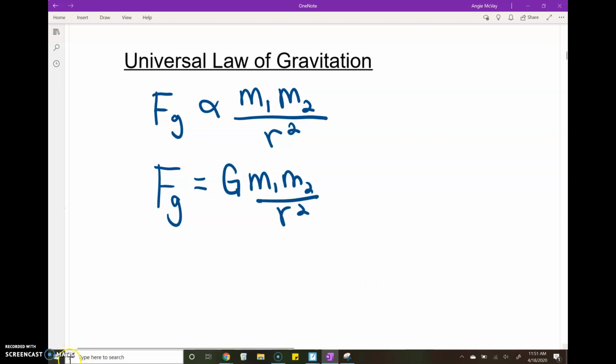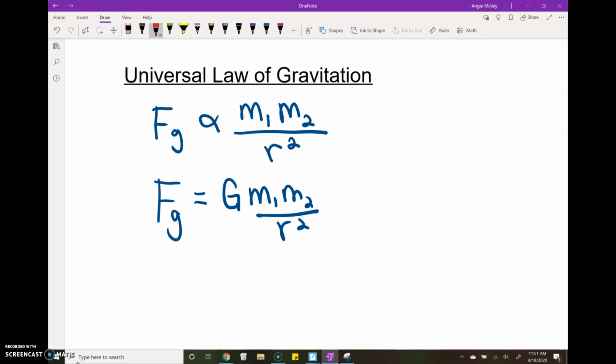Okay, and so this is Newton's universal law of gravitation. It says that these two masses are any two masses in kilograms, right?